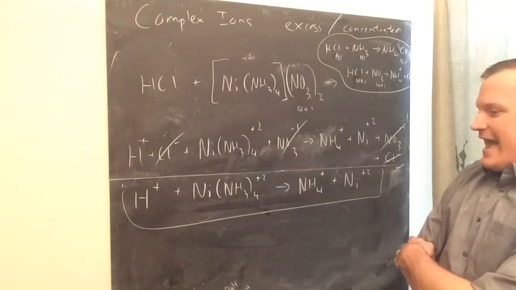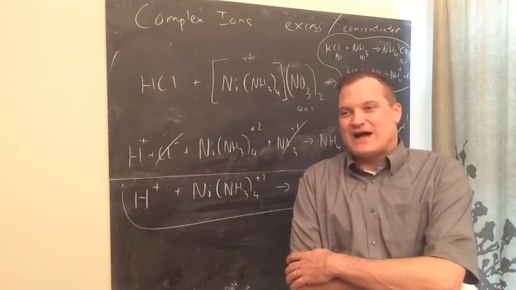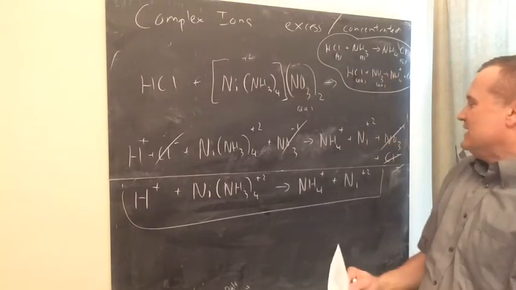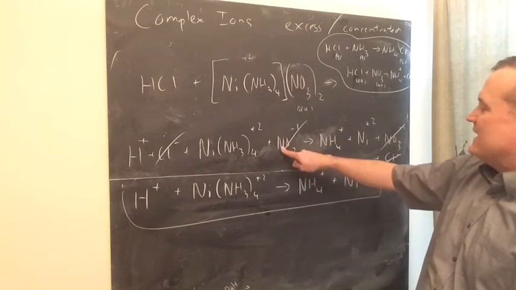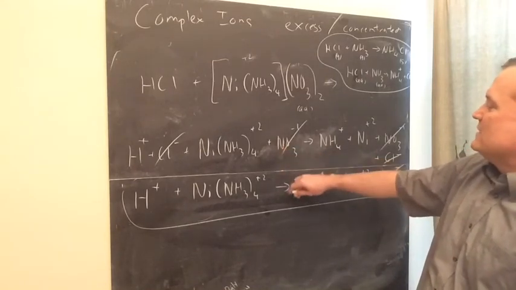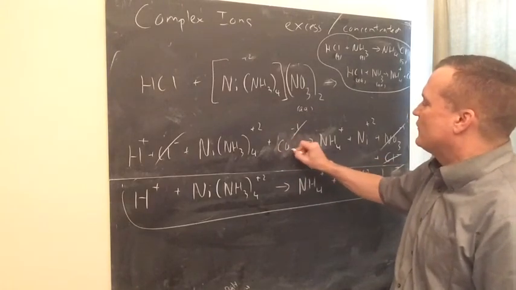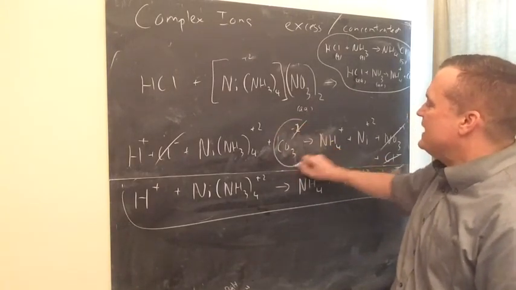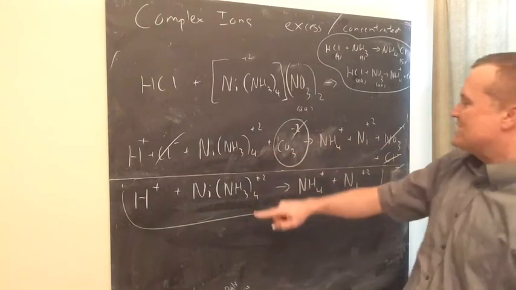There's one more thing I want to add for all my straight A, hard-working, I'm going to make a 5 on the AP students. Let's just say that for some reason in this reaction, that this had been a carbonate, CO3 2-. Just pretend, if that had been a carbonate, what would be different about this reaction?